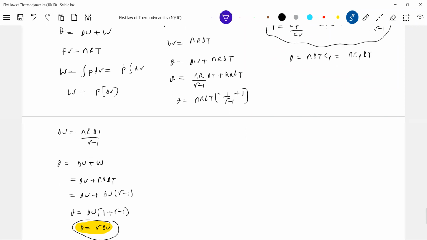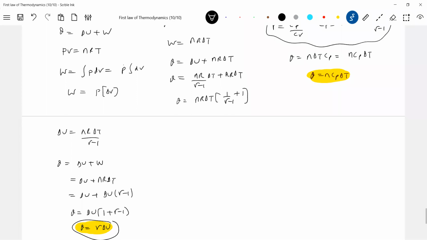One more formula, Q equal to nCp delta T. Okay, now how Q and W are related? Let's check it. How W and delta U are related. That also we will see, all the things.